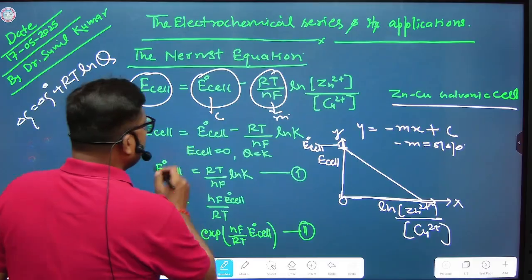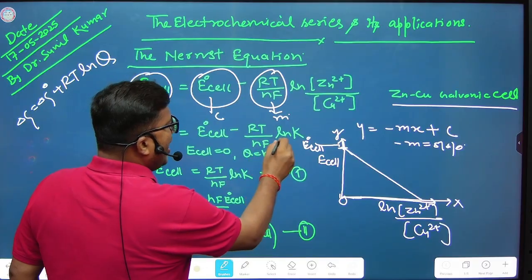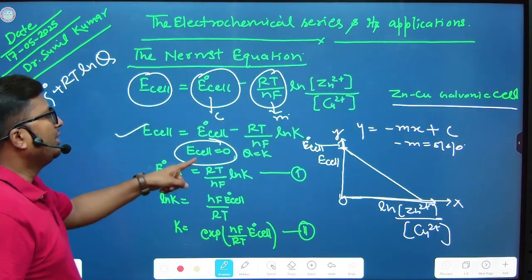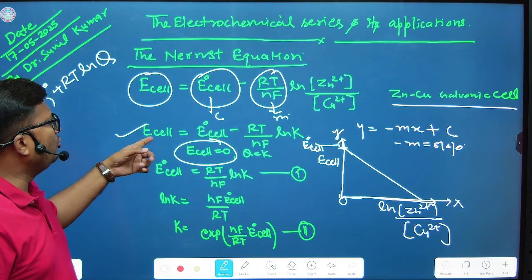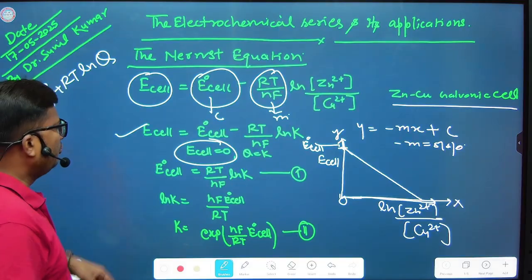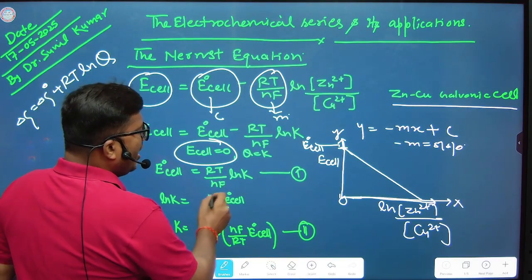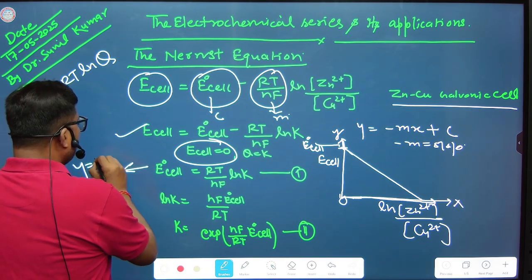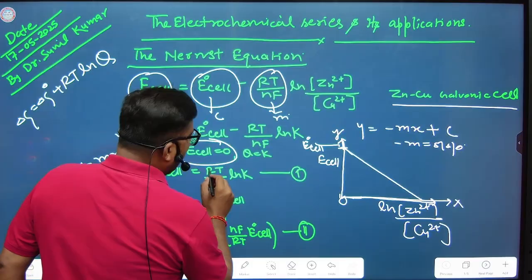So what happens here? E cell equals E naught cell minus RT upon nF ln K. At equilibrium, E cell equals 0, so we put in the value 0 and separate the terms. We get E naught cell equals RT upon nF ln K. Again this looks like a straight line, y equals mx, where m is the slope and R is the gas constant.